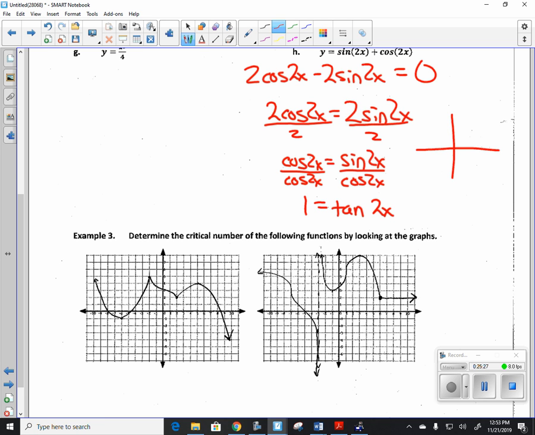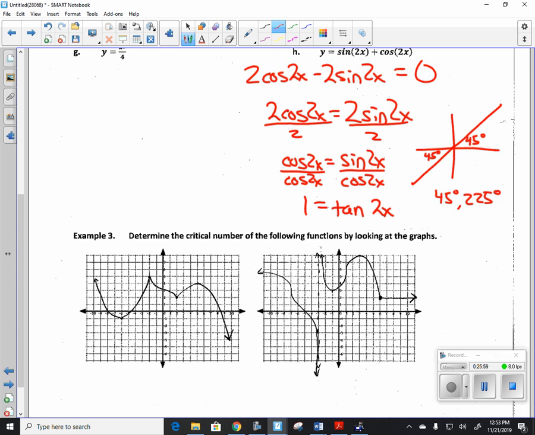Tangent is positive in the first quadrant as well as the third quadrant. 45 degrees, 45 degrees. So what are those two angles? 45 degrees and 225 degrees. But you know that we will ask for your answers to be expressed in radians.